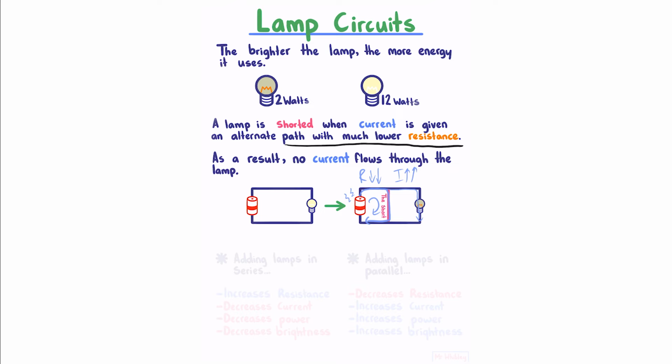And now we've already looked at resistors in series and parallel. We're now going to do the same thing with lamps. The only difference being is that we're now linking it to brightness. And so adding lamps in series increases the resistance, and because V is equal to IR, if we keep the voltage the same and increase the resistance, our current is going to decrease.